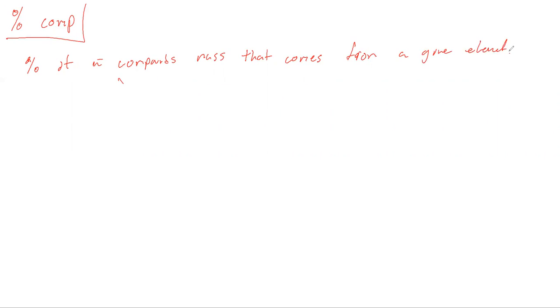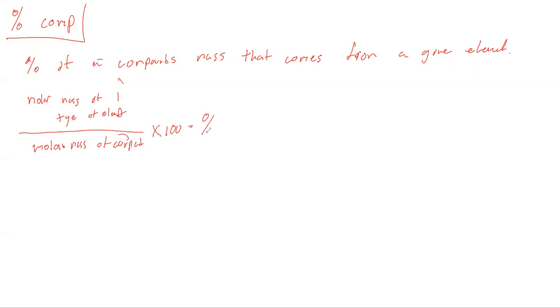Basically, the general formula for this is we want to take the molar mass of all of the elements of one type, divided by the molar mass of the compound. Then we want to multiply by 100. That's going to give us the percent composition of a specific element.